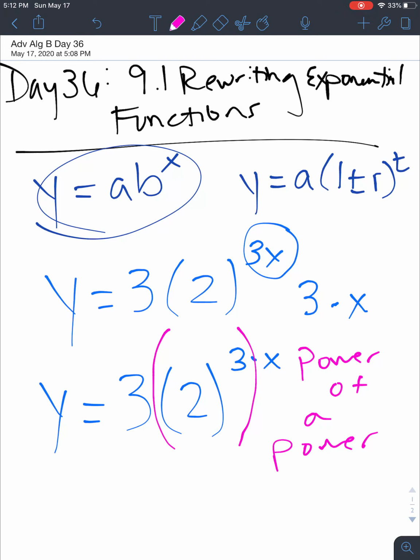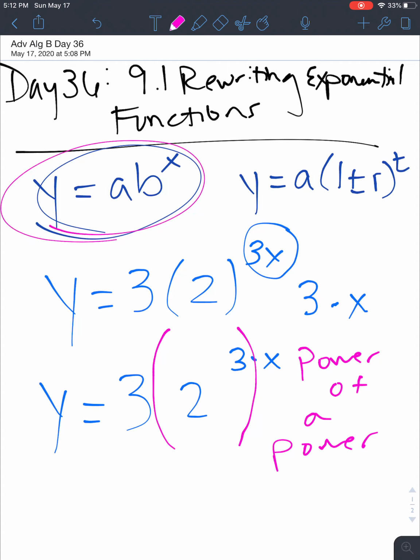So because we know power of a power, we can actually use it to split up our new scenario. And the nice part is when we do that, we can then eliminate our blue parentheses, and then we have y equals 3 times 2 raised to the third power to the x.